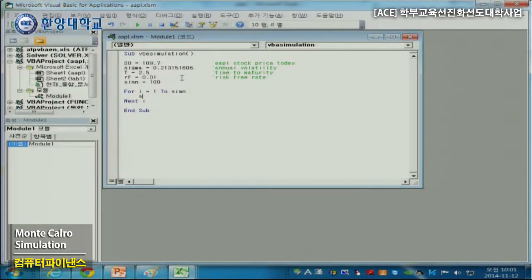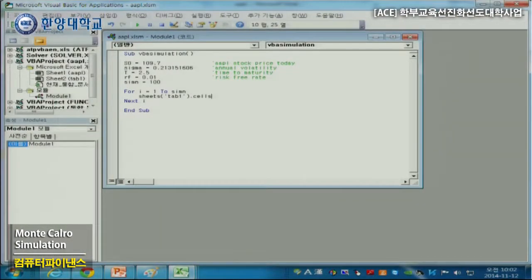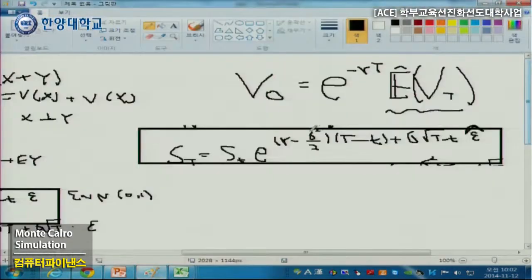So in tab 1, I'm going to simulate it here, cells I plus 1 and 1 is S0 multiplied by EXP of RF minus sigma square divided by 2 multiplied by T. I'm just writing down this formula.